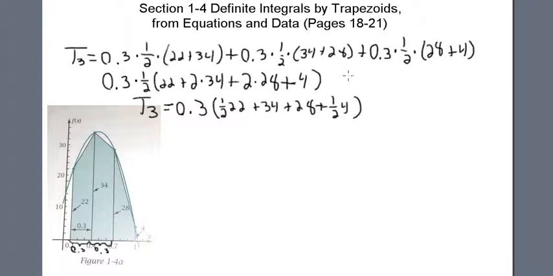Now, I did this because it's going to be very helpful for us in a minute. If I do this math, I didn't pull up my calculator yet, so I'm just going to do this by hand.